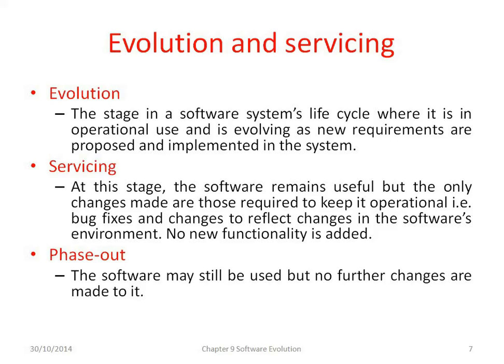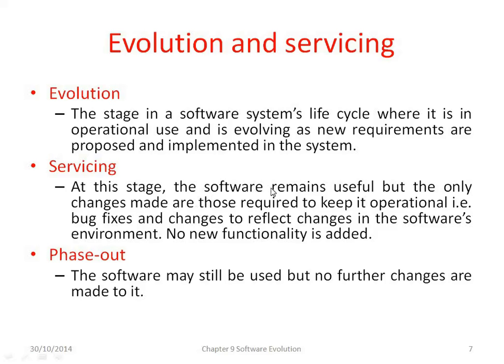So this is evolution and servicing. In the evolution stage, the software system is in operational use and is evolving as new requirements emerge. When new requirements emerge, it must be changed; changes are proposed and implemented in the system.